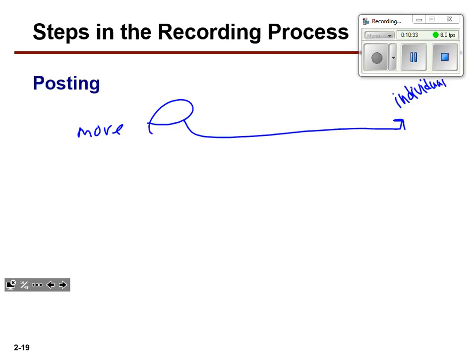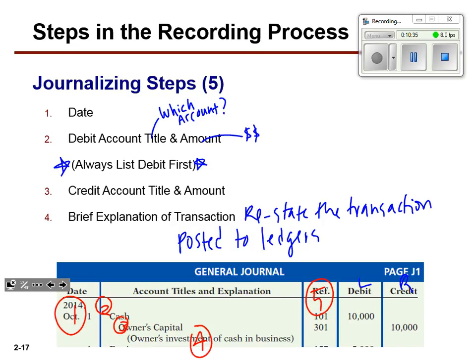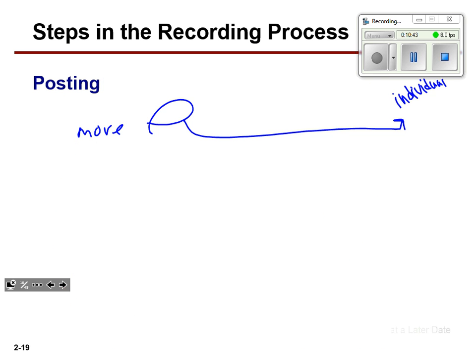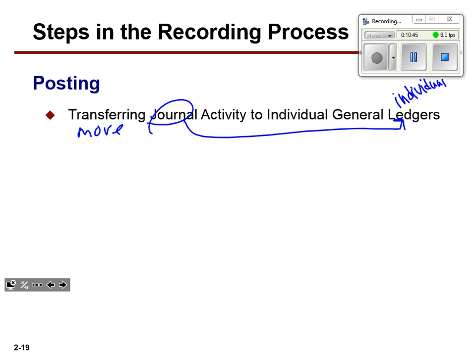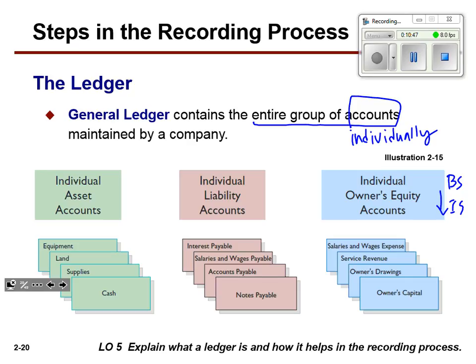So I'm going to backtrack a little bit. Instead of searching every time I used cash, whether it went up or down, when I post or move it from the journal to the ledger, then I can see what's going on individually in cash at any given time. So we've got the journal with the big amount of stuff.